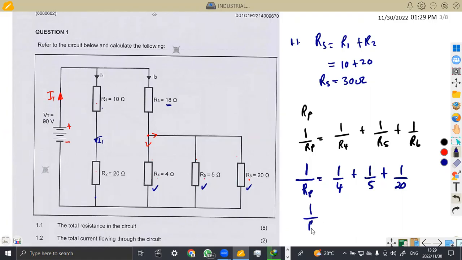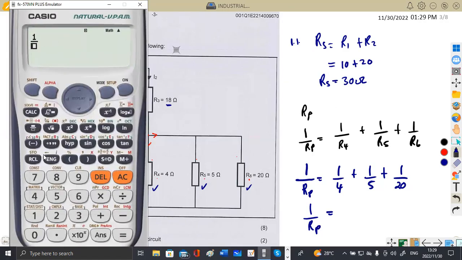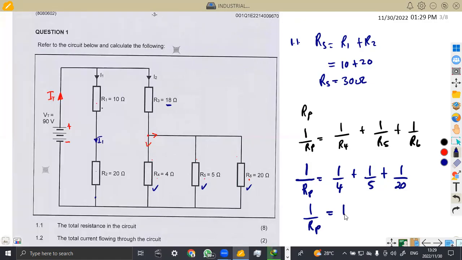It's just a matter of calculator, guys. Use your calculator properly. We've got 1 over 4 plus 1 over 5 plus the last one, which is 1 over 20. Okay, so the answer is going to be 1 over 2. So as we can see here, to find Rp, we just have to divide by 1.